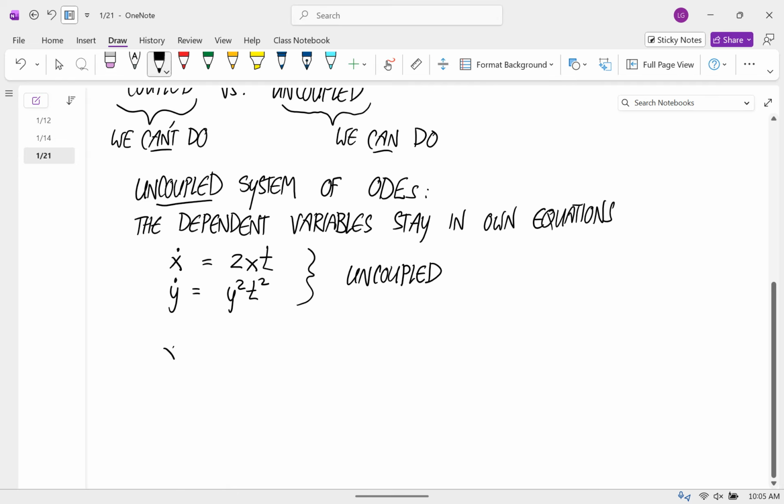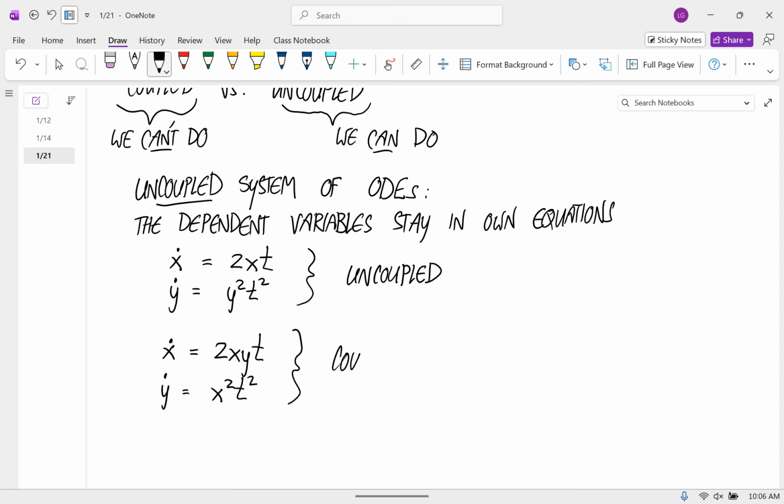What we can't do is x dot is equal to 2xyt, y dot is equal to x squared t squared. That's coupled, and you need other techniques to do those. So you wouldn't solve them using separation of variables?